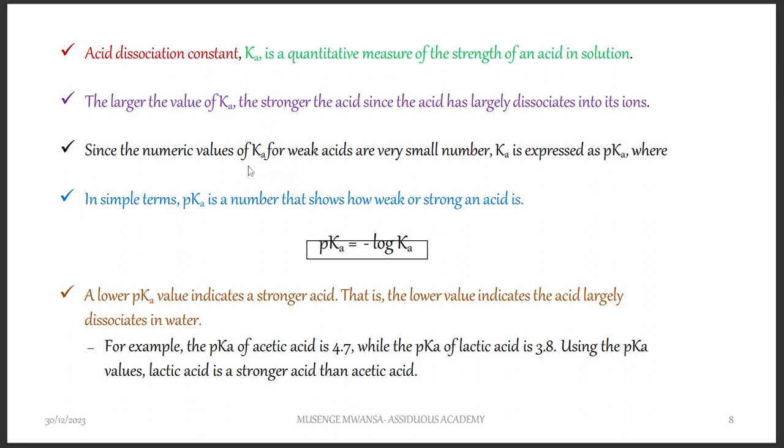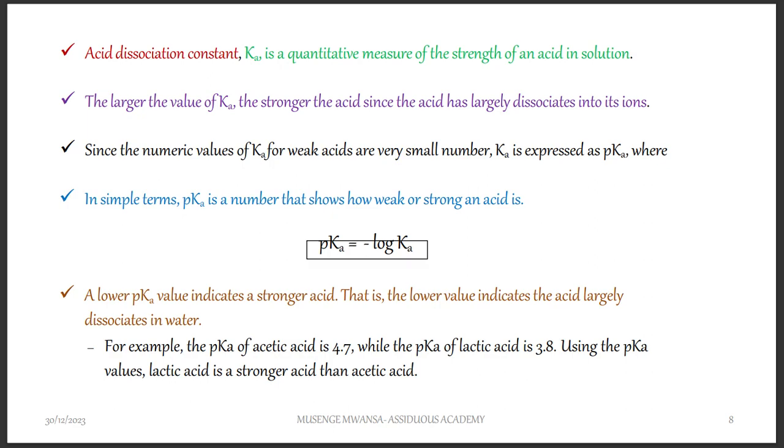Now Ka is a very small number, so instead of writing Ka, we are going to be using pKa. Every time you put a p in front of something, for example, if you have x and you put p, it becomes px, meaning the negative log of x. If you have m, pm is the negative log of m.